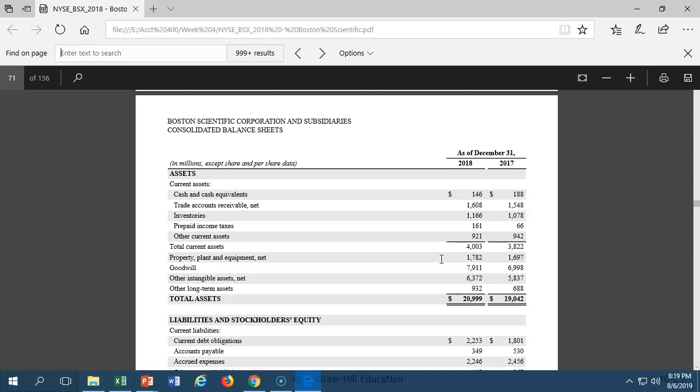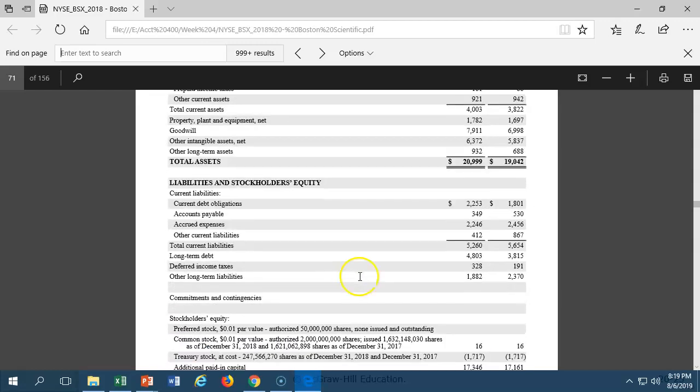That's what I was trying to say. They didn't necessarily receive cash for all that gain, because only 500,000 of it is received. All right, back to the cash flow statement.